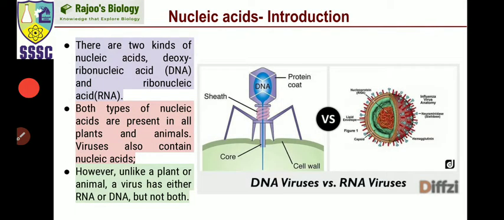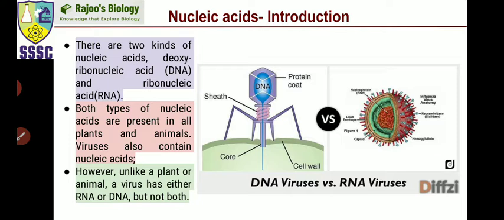So there are two kinds of nucleic acid, DNA and RNA. DNA stands for deoxyribonucleic acid and RNA stands for ribonucleic acid. Both types of nucleic acid are present in all plants and animals. But viruses contain either DNA or RNA, but not both at a time.